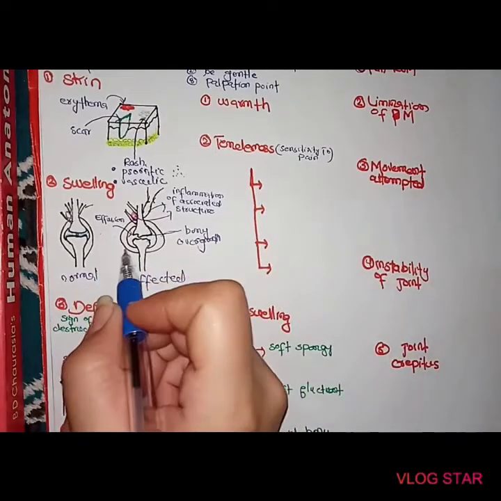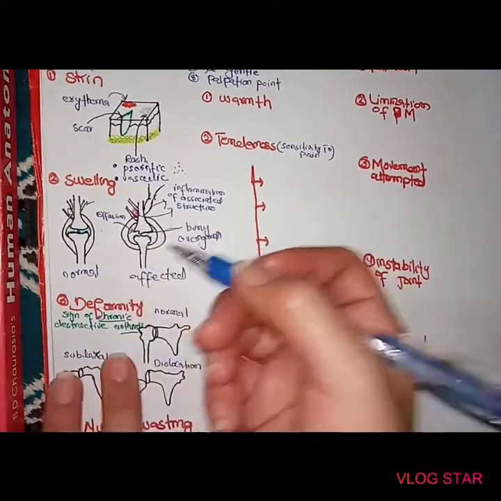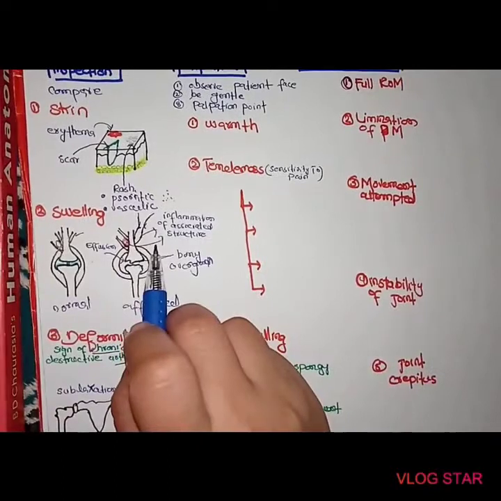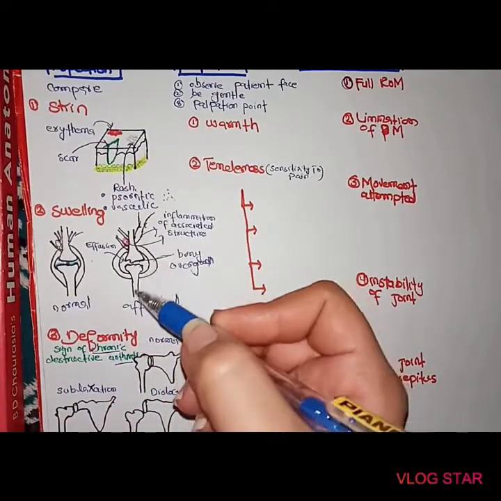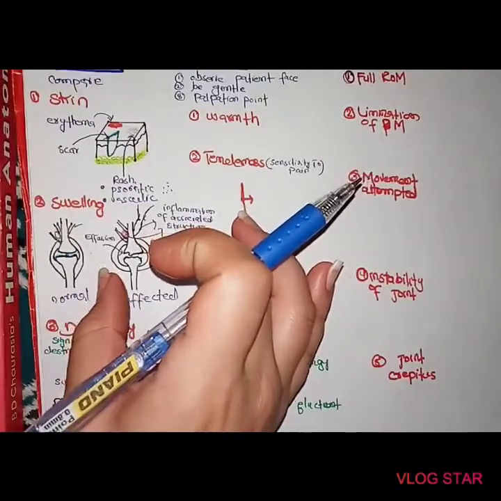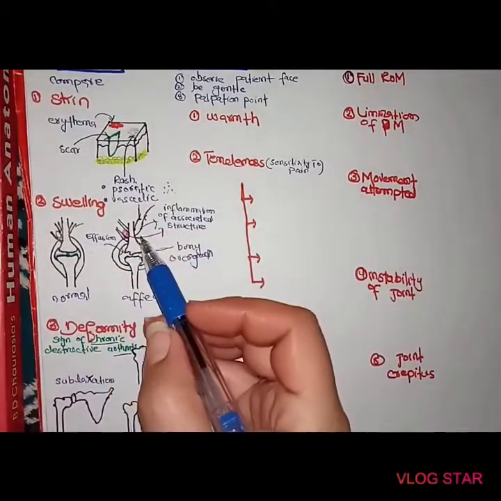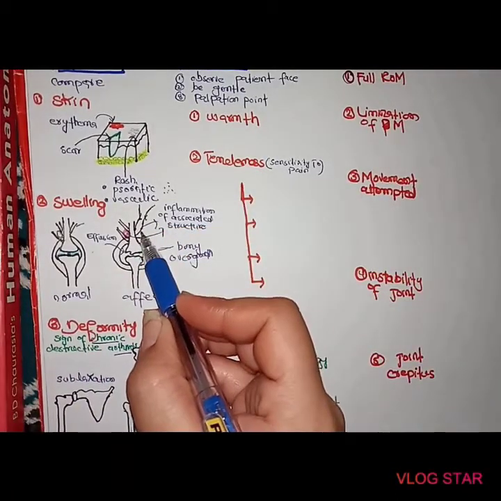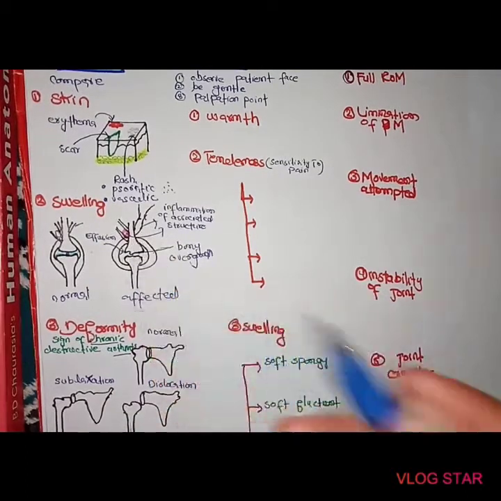So here is the effusion. You can see that the fluid moves out of the joint cavity. And the third thing is inflammation of the associated structures. When the structures surrounding the joint are inflamed, they cause swelling. The associated structure may be a tendon, or the bursa that lies between the tendons.